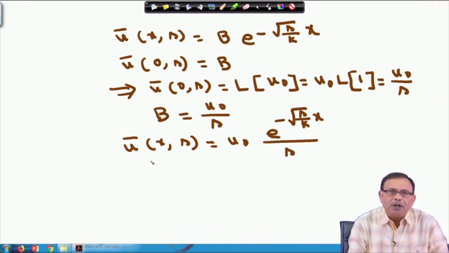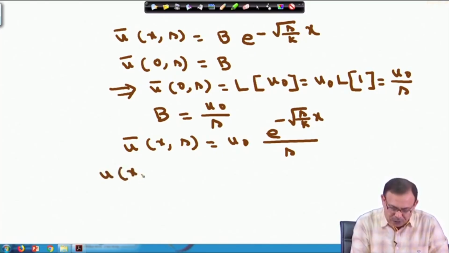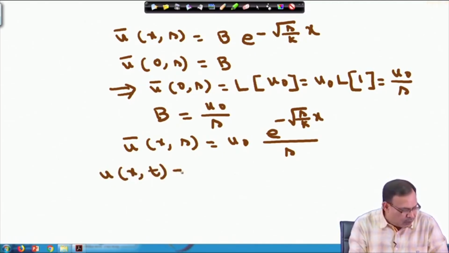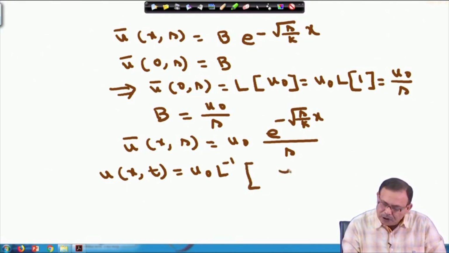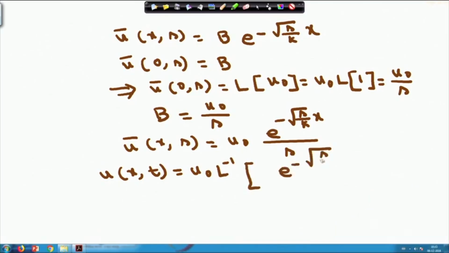So, once I have obtained u bar as a function of x and s, then you can find out u(x, t) using the inverse Laplace transform. So, you can write down u(x, t) equals u naught, which will come outside, into the Laplace inverse of this quantity, e power minus root over s by k into x, divided by s.